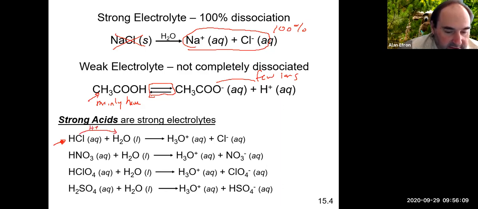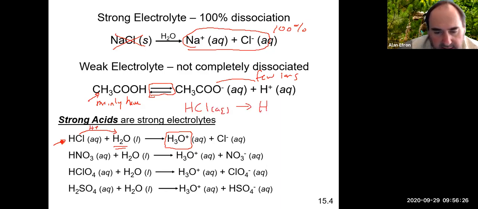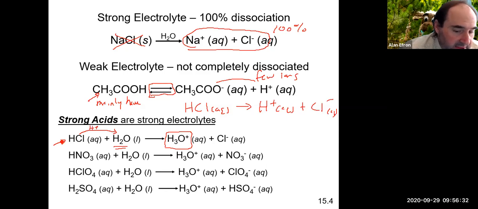And because we chose to include the water in the reaction, that is how we generate the H3O plus. You can just as easily, for any of these reactions that we see here, write the dissociation like so, and it's perfectly fine. HCl goes to H plus and Cl minus. So these are both really the same reaction, just one includes water, one doesn't.